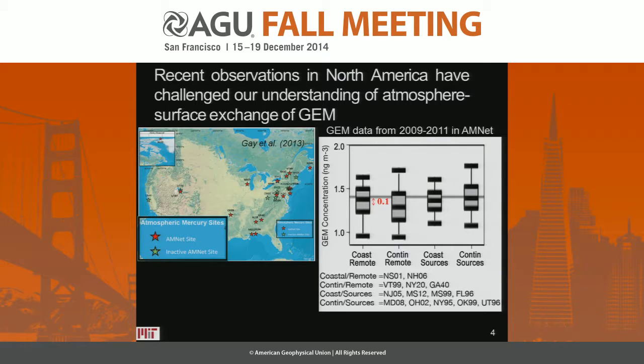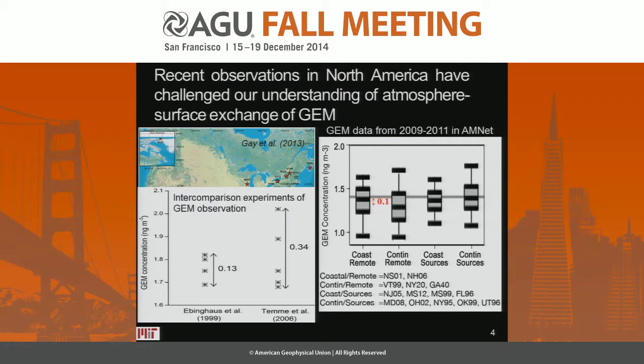An interesting finding in their study is that the continental remote group has about 0.1 nanogram per cubic meter lower GEM concentration compared to the coastal remote group, which is in contrast to our understanding that land emissions are higher than ocean emissions. This 0.1 nanogram per cubic meter of GEM is substantial because the lifetime of GEM is several months on average, and the concentration level of GEM is about 0.1 nanogram per cubic meter.